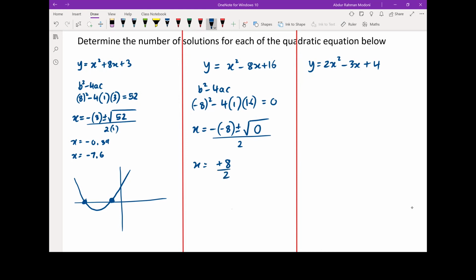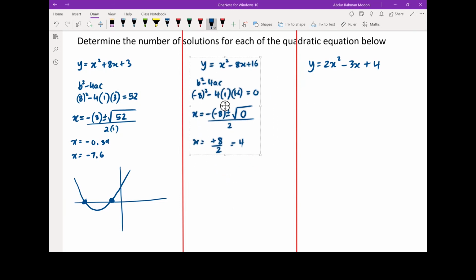So we only get one solution here, x is equal to 4. If we were to sketch this, what would this look like? Let's take a look. It goes through x is equal to 4 and simply just touches it there at x equals 4. So it only has one solution.